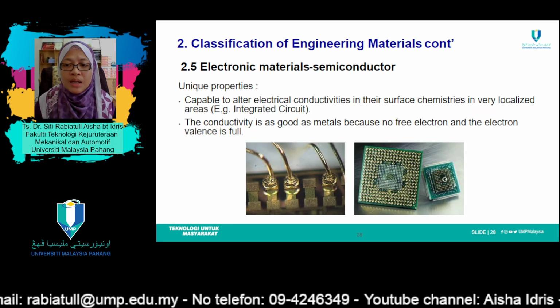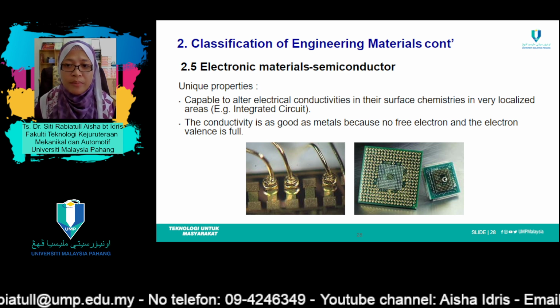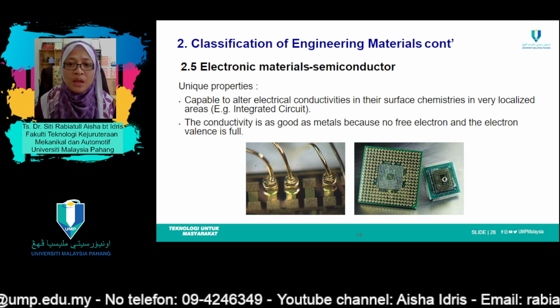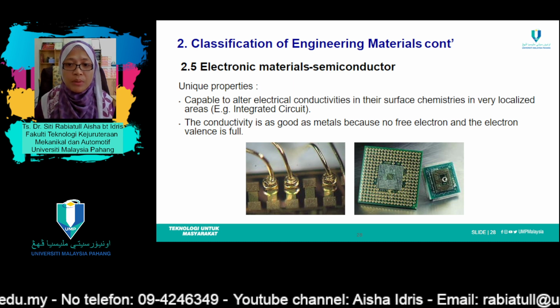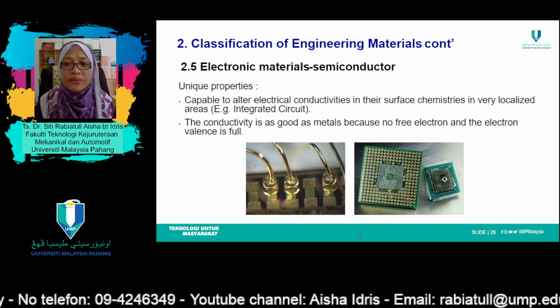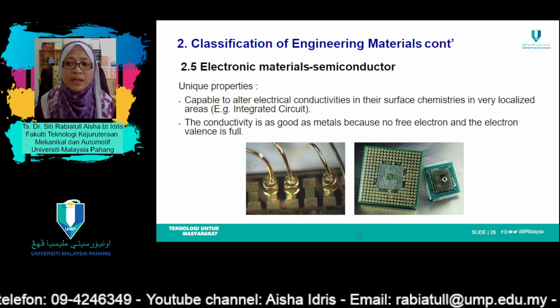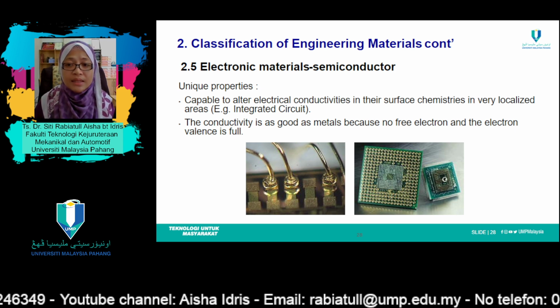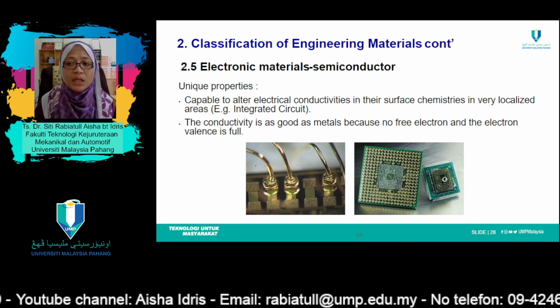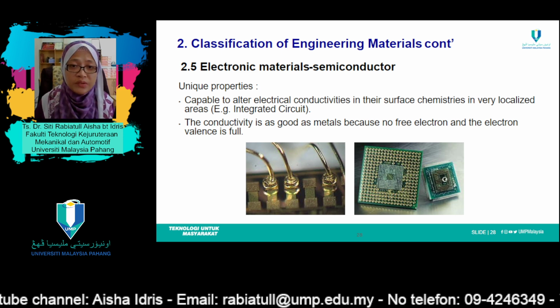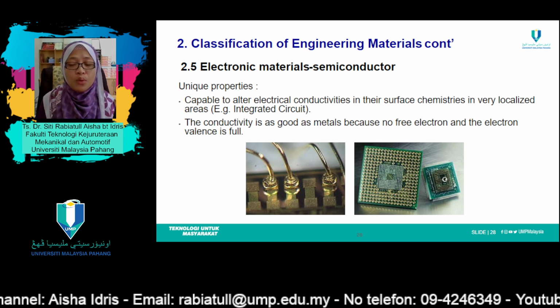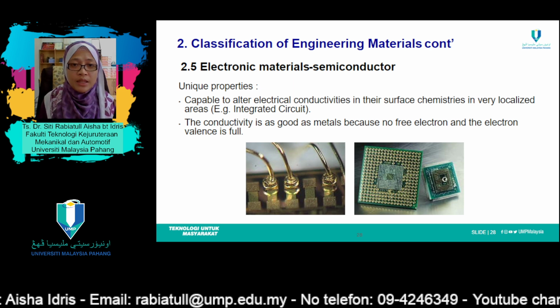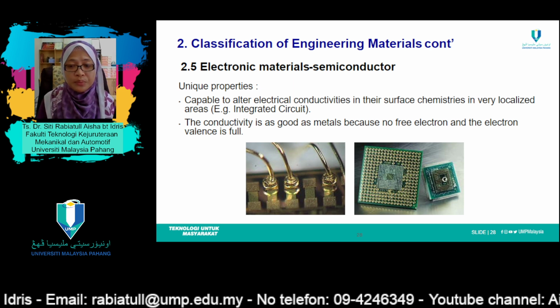Last but not least is electronic materials, which is semiconductor. It has unique properties capable of electrical conductivities in their surface chemistries in very localized area. And the conductivity is as good as metals because no free electron and the electron valence is full. We will learn on electron valence in detail in chapter 2.